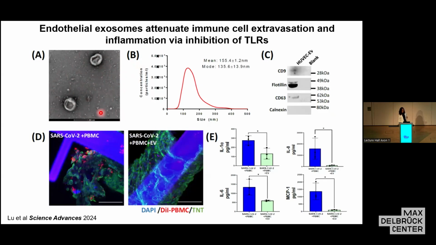So when we perfused exosomes through heart on a chip that was infected with SARS-CoV-2 and with immune cells, we see that in the presence of these exosomes, there is a lot less extravasation of the immune cells and a lot less secretion of pro-inflammatory factors such as IL-6 and IL-8, MCP-1.